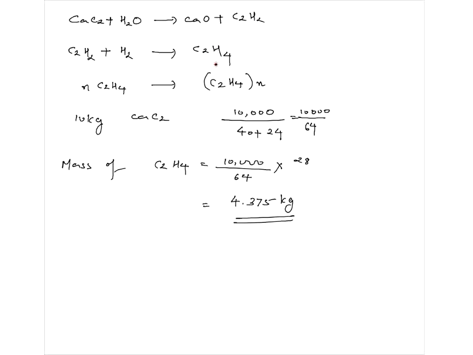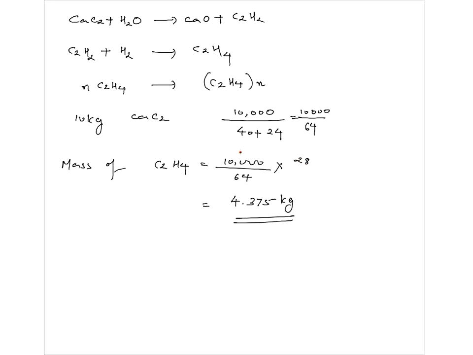Same moles of ethene also. So these moles of ethene, moles multiplied by molar mass will be the mass in grams. Moles multiplied by the molar mass of ethene, 24 plus 4, 28 grams per mole is the molar mass.